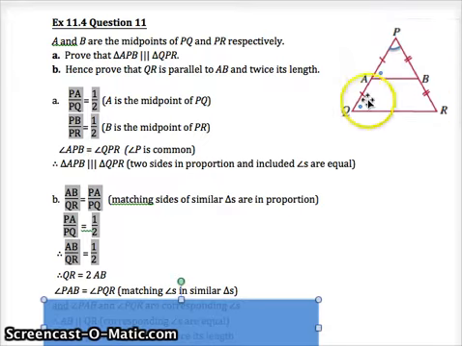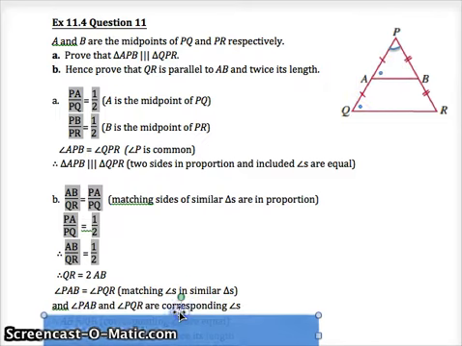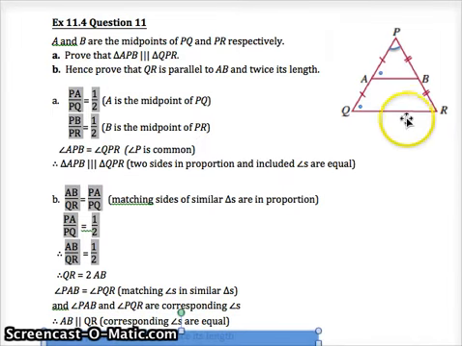If we look at the positions of those dots there, we can see that they are in corresponding positions. So angle PAB and angle PQR are corresponding angles as well. But we also know that they're equal. So we can now say that AB must be parallel to QR, because these two corresponding angles, angle PAB and angle PQR, are corresponding, but they're also equal.